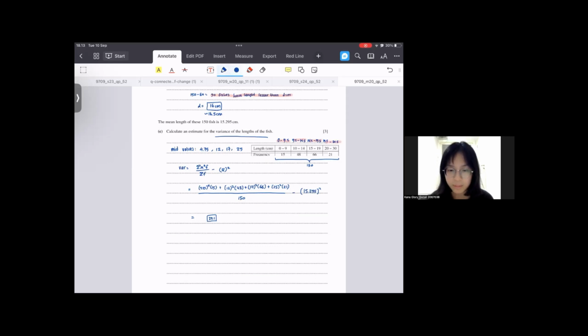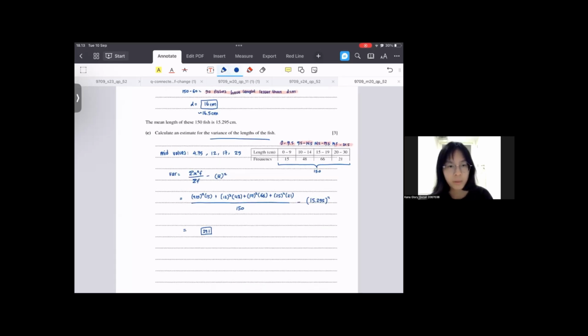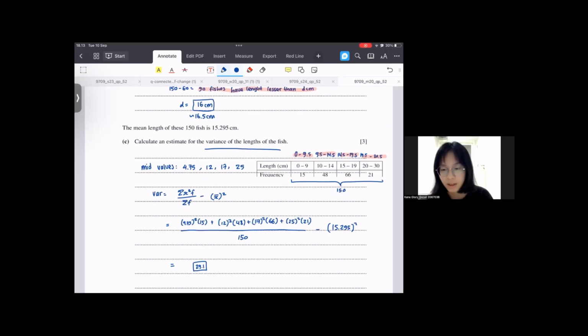For example, I got 4.75 from 9.5 divided by 2. Continuing with the rest of the class widths gives us mid values of 4.75, 12, 17, and 25.